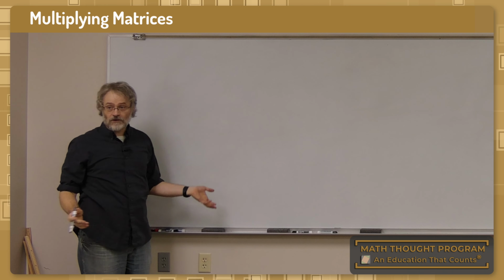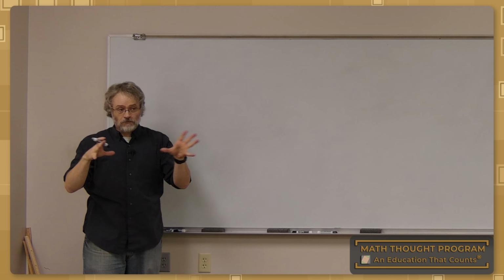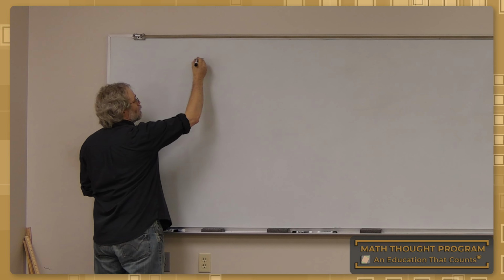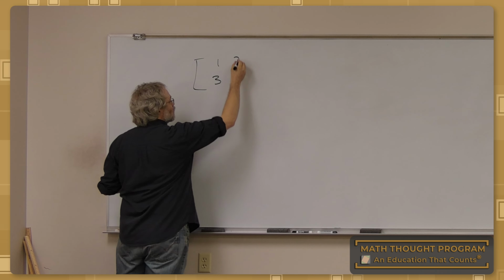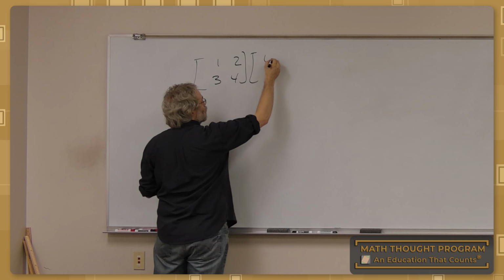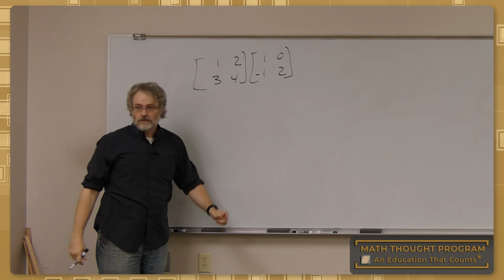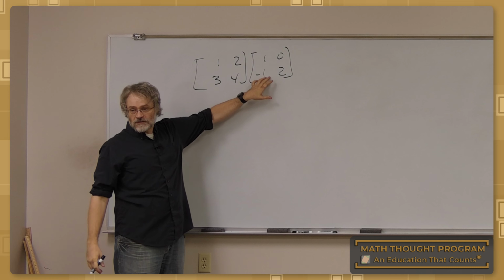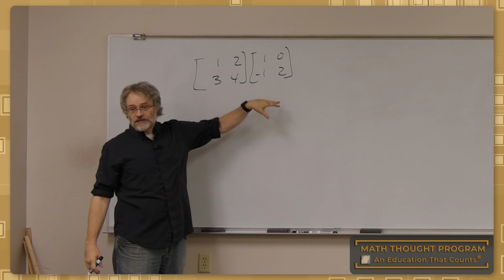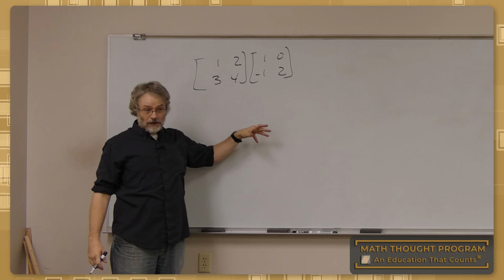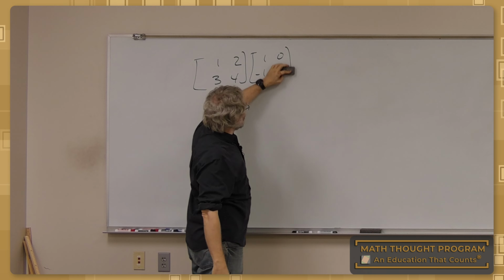You can also have another binary operator in which you're taking two matrices and multiplying them together. If you look at perhaps 1, 2, 3, 4, and let's say 1, 0, minus 1, 2. If I was to multiply it out, I would do it pretty much the exact same way that we have been multiplying out everything so far. But before I do that, let me just back up a little bit.